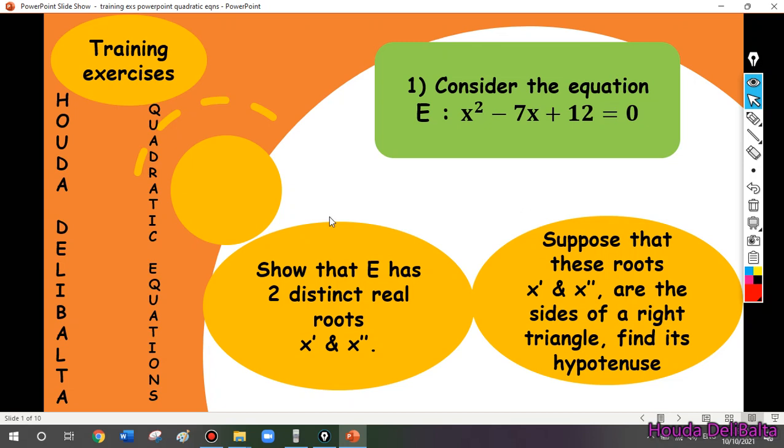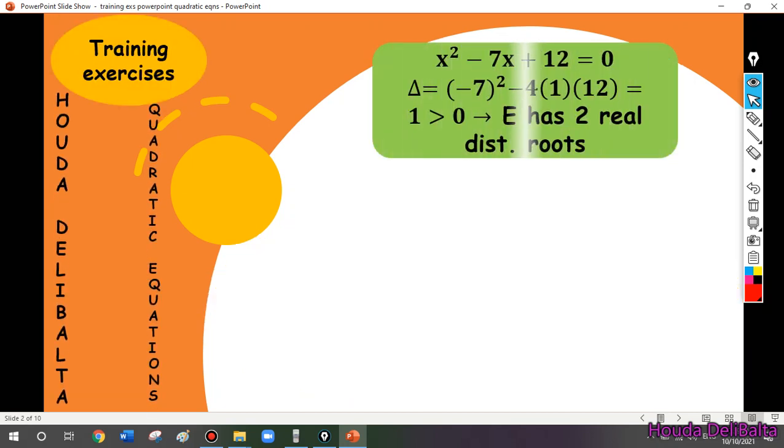So, first of all, to show that it has two real distinct roots, I should prove that delta is greater than 0. This is the equation. As I told you, delta is equal to b squared minus 4ac. So a is 1, b is minus 7, and c is 12. Applying delta, b squared means minus 7 squared.